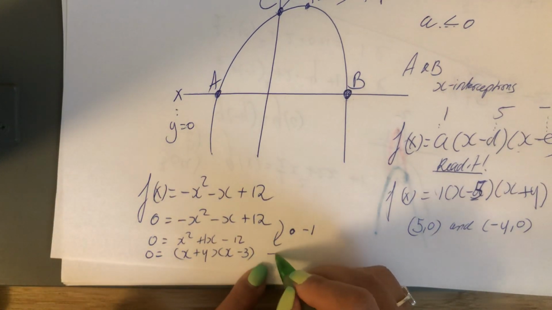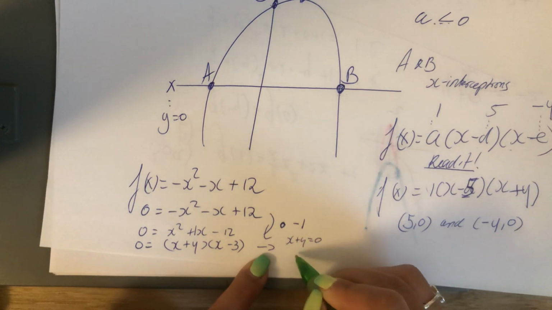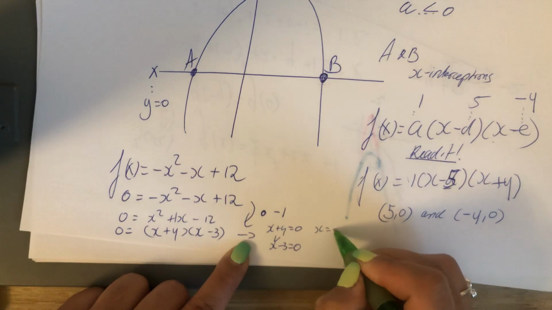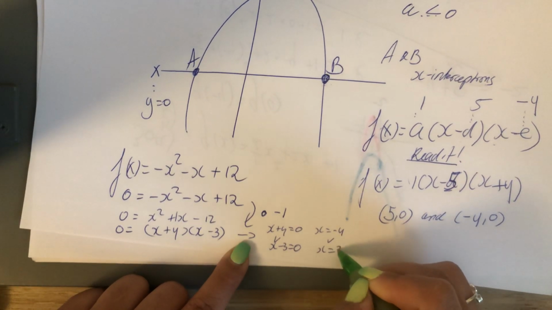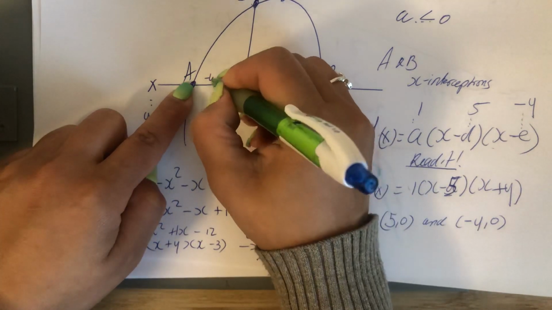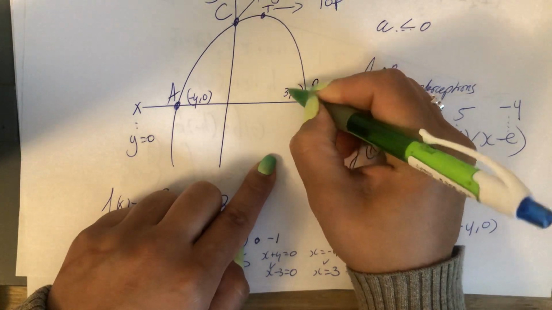And then eventually, you get x plus 4 is 0, or x minus 3 is 0. Conclusion, x is negative 4, or x is positive 3. So my coordinate A is minus 4, 0, and B is 3, 0.